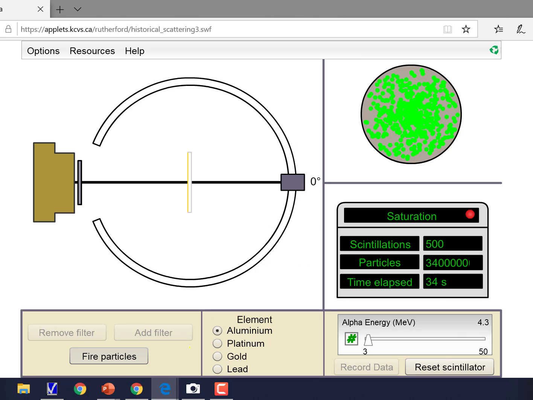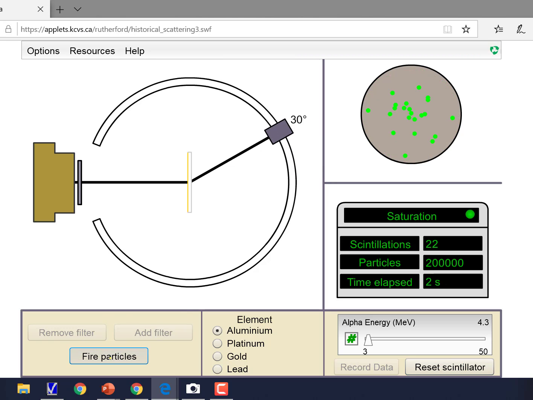But if I move it off to an angle and fire particles, there are particles, but it takes longer to fill up. So that's what he did. Somebody recorded how many hit at every angle around the atom.